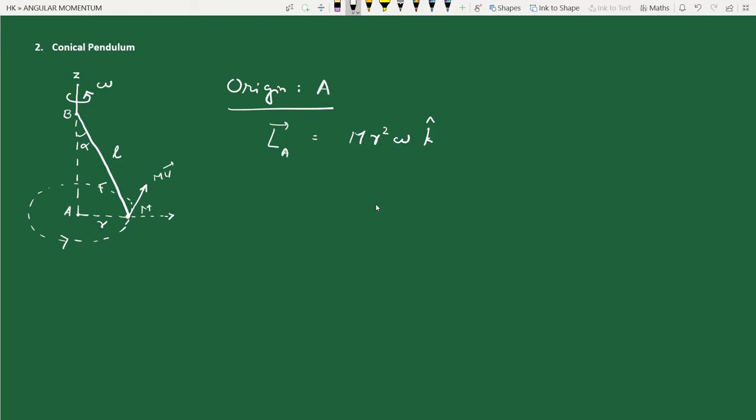That is the angular momentum about the point A. In the previous problem we noted that the mass is constant, r is constant, omega is constant. So angular momentum about the point A should be constant.